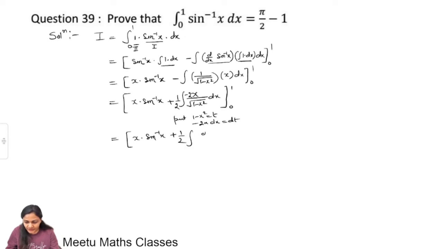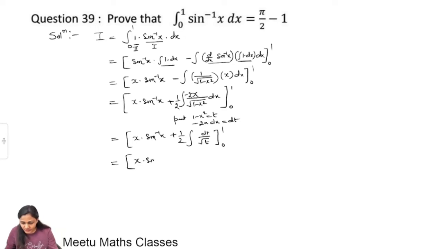So this will become dt by root t in between 0 to 1. We have not changed our limits. We will substitute back our t into x.